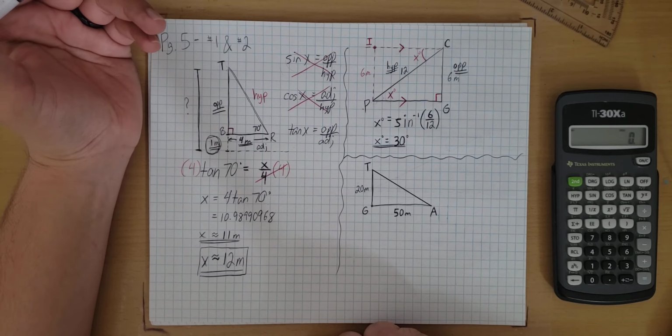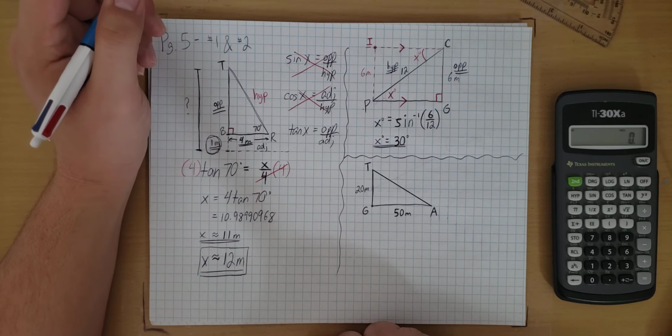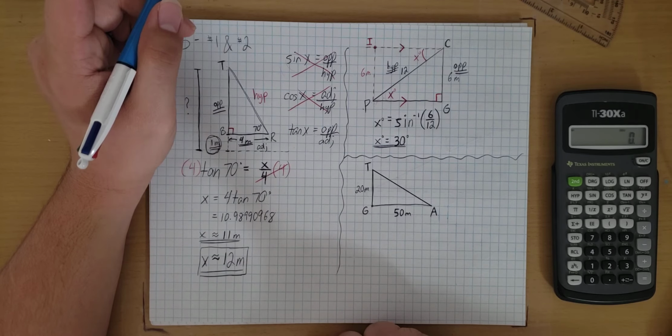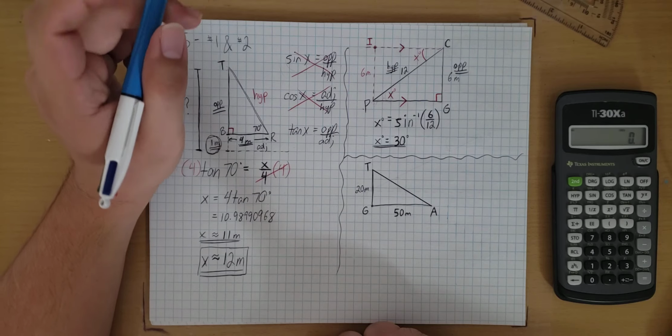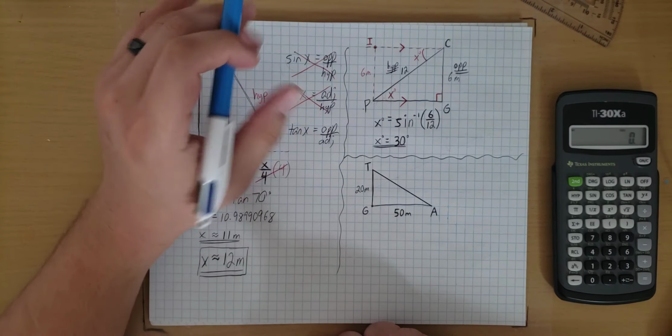Or is it? One thing we don't want to forget is that the tripod is pivoting 1 meter above the ground. So my triangle here is actually not set up correctly.